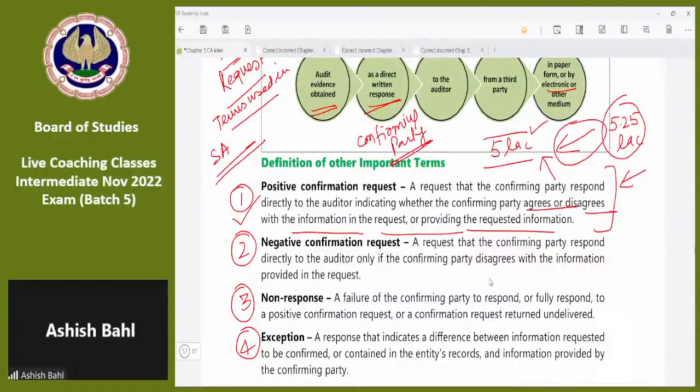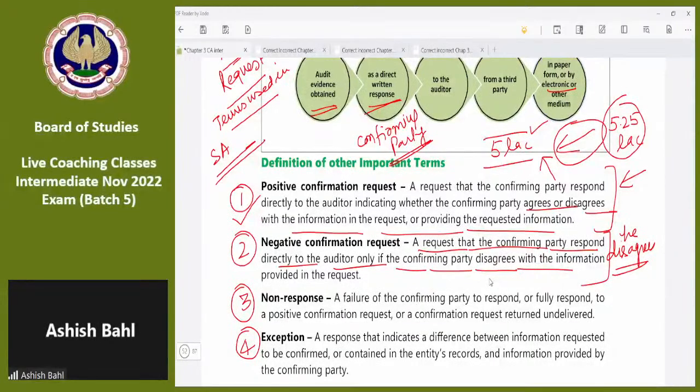And negative confirmation request. Now I design my request in such a way that the confirming party should respond to me only if he disagrees. Otherwise I would assume that he is agreeable to it.